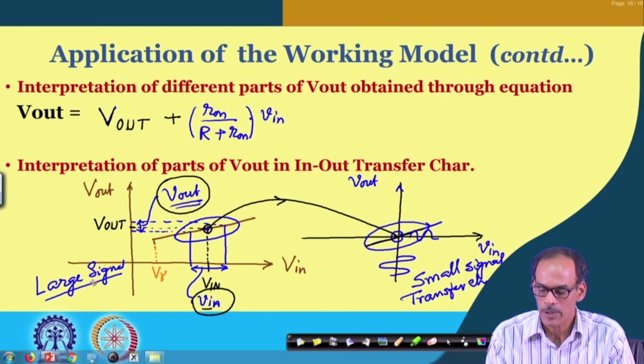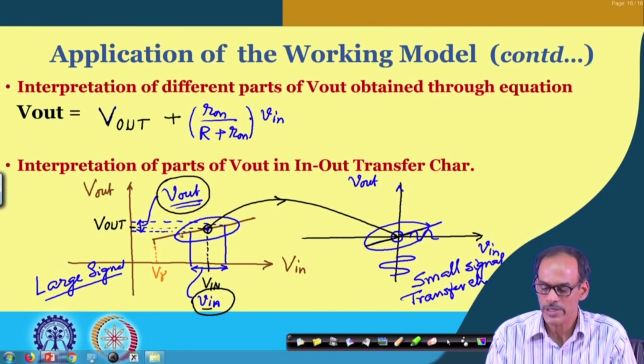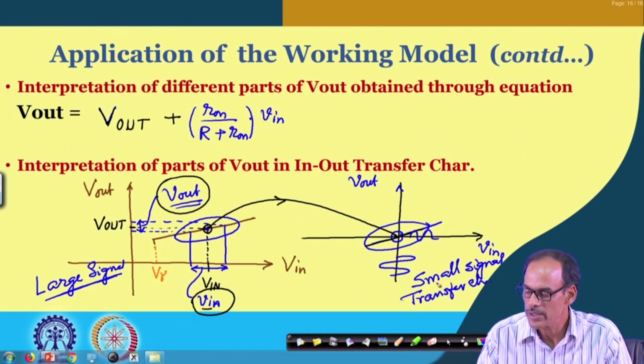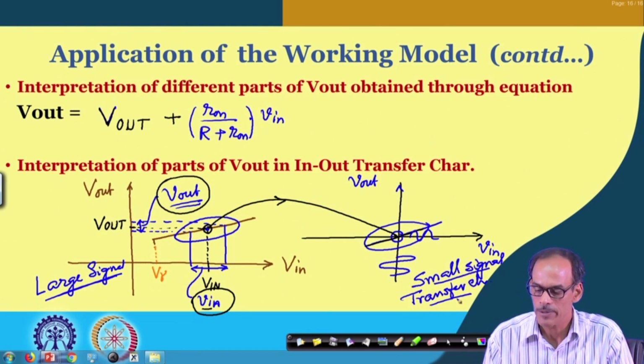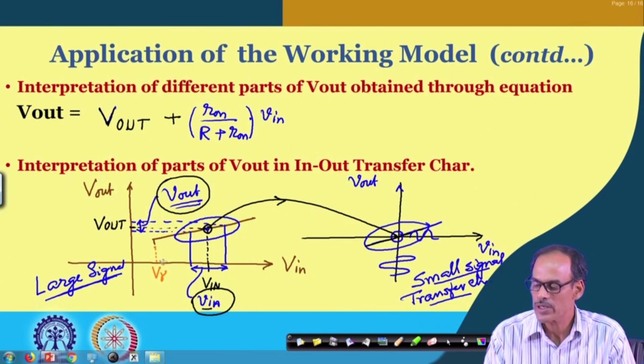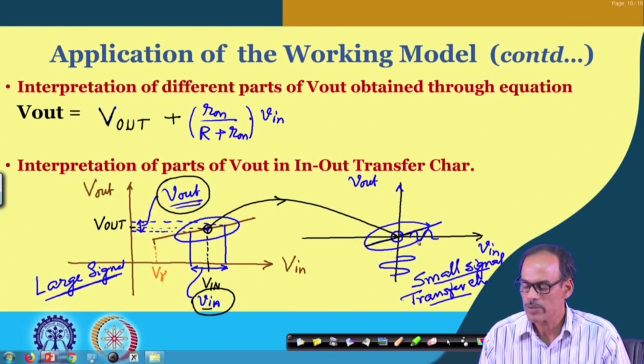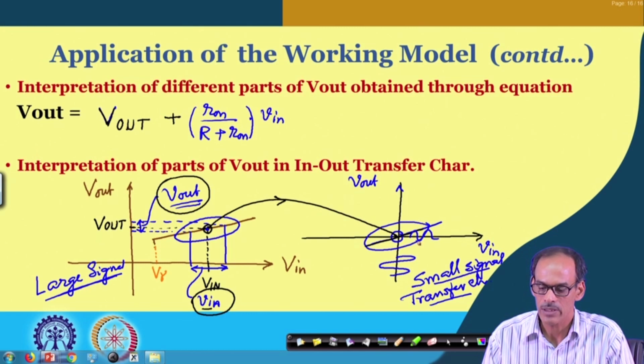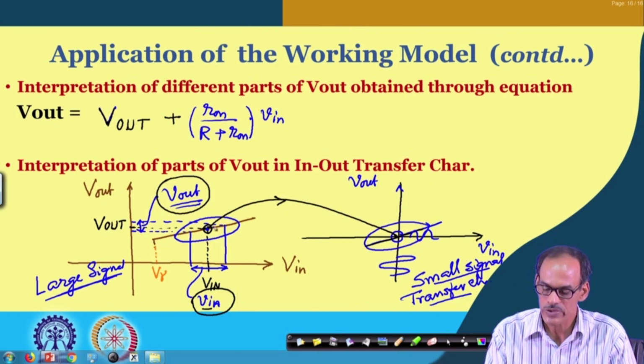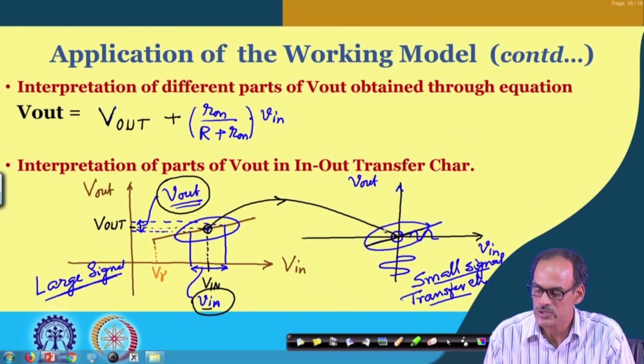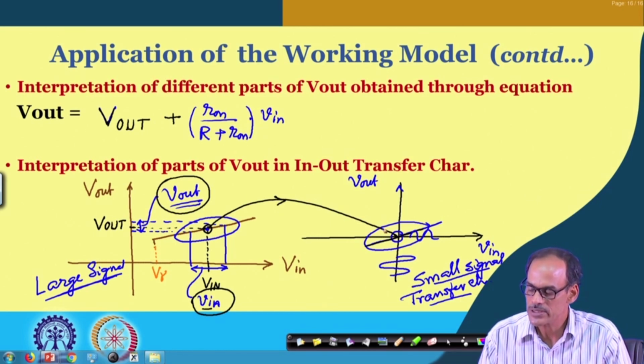So, whatever the translation of the characteristic curve from large signal to small signal, it is circuit wise, you may say that the original circuit we are representing by another equivalent circuit called small signal equivalent circuit. So, this translation of the transfer characteristic curve is basically circuit wise representing the circuit in a simpler form.